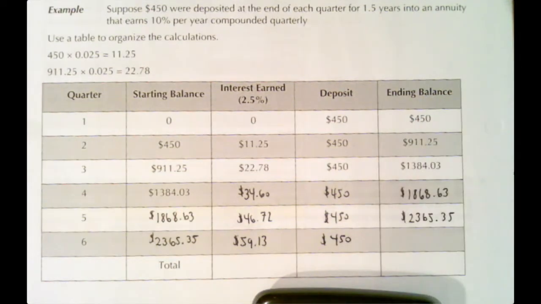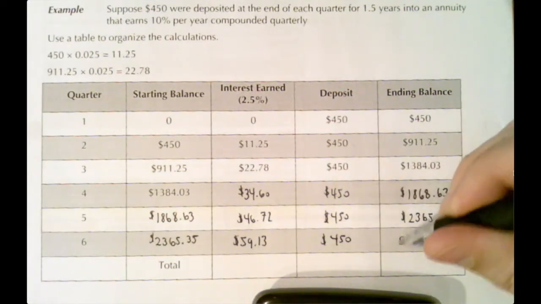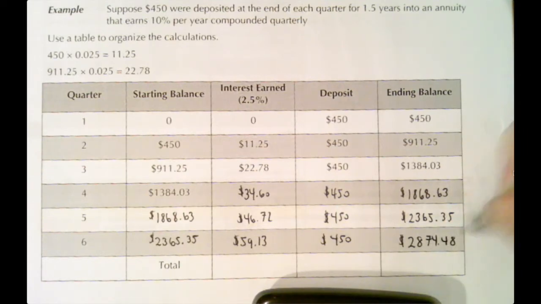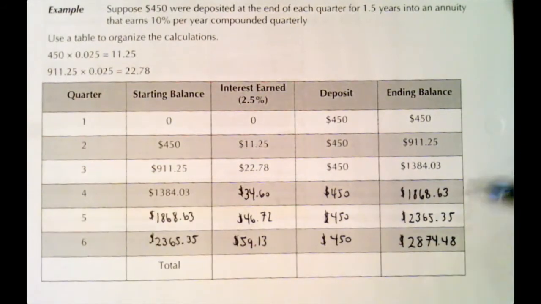Add another $450. We end up with $2,874.48. And that is our final ending balance.